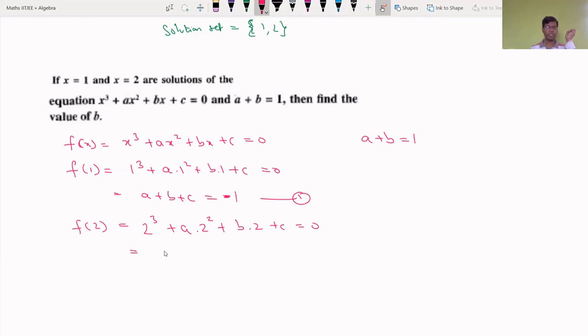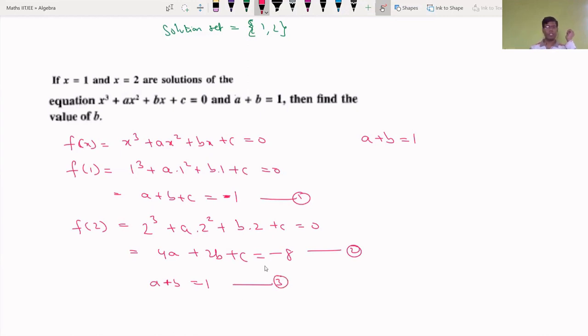So I'm taking this 2 cube, that is 8, on the other side, and writing the remaining terms. 2 square is 4, so 4a plus 2b plus c is equal to minus 8. Okay, so this is my second condition. And he has already given us one condition that a plus b is equal to 1. So this is the third condition.